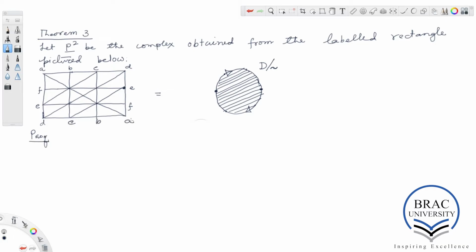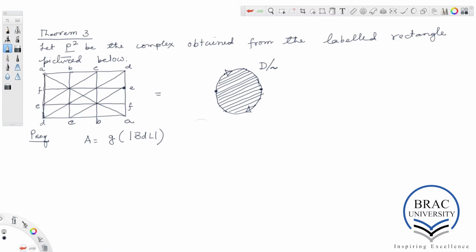D, C, B, A. All right, so as before, the boundary A is the boundary of this labeled rectangle, as we can see here.